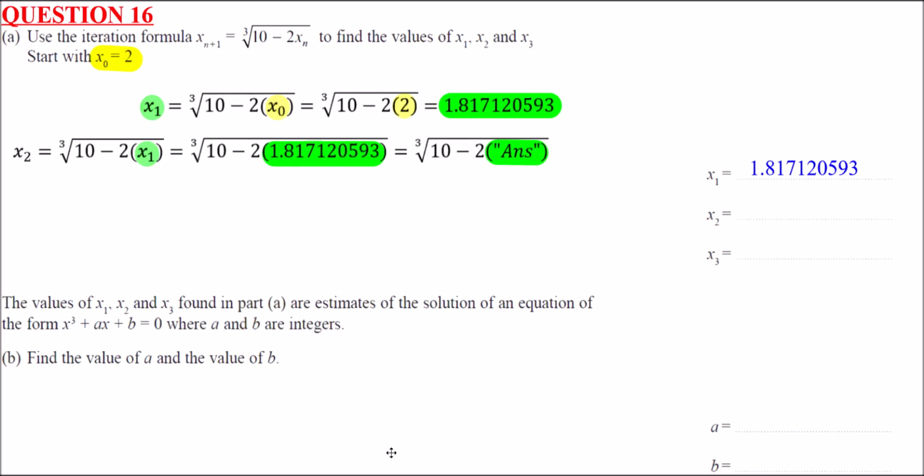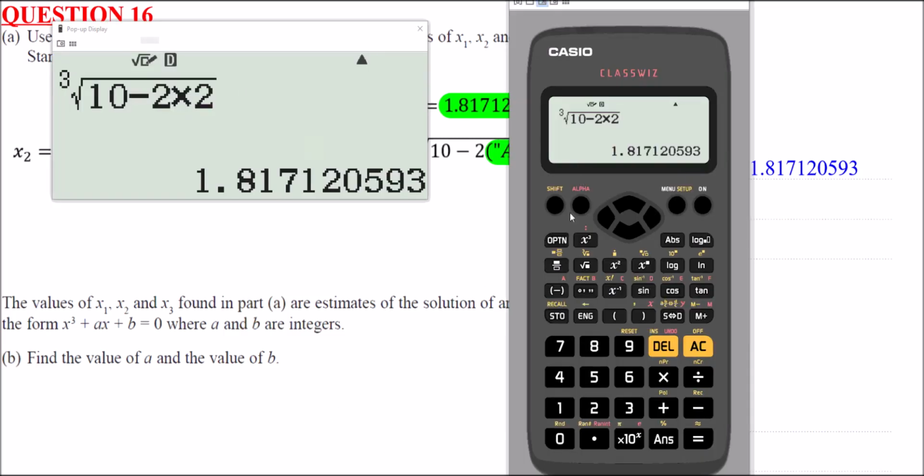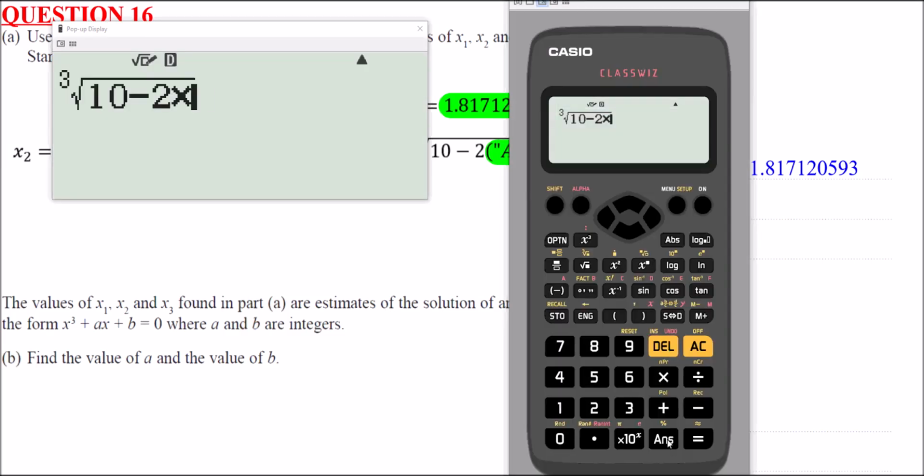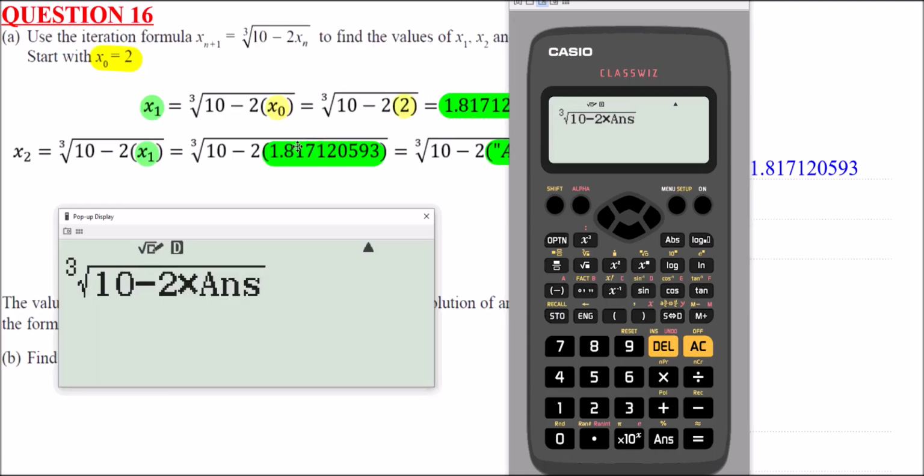So you can get the next one by just going to your calculator, toggling back, removing x0, which was 2, so press delete and then type in the answer, and you should get, whether you use the ANS button or this value here. Now using the ANS button is obviously much quicker, which is why I'm mentioning it.